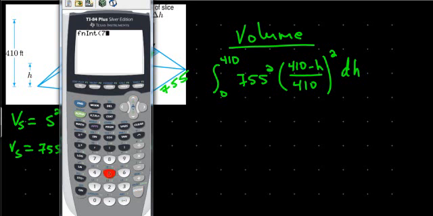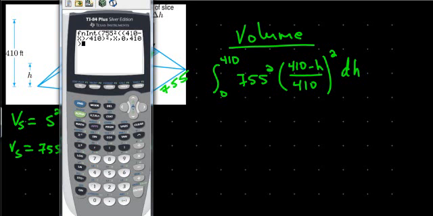So my function: 755 squared times ((410 minus x) all divided by 410), close that parentheses, and square it, alright, comma, tell it my variable is x, and tell it we are running from 0 to 410.